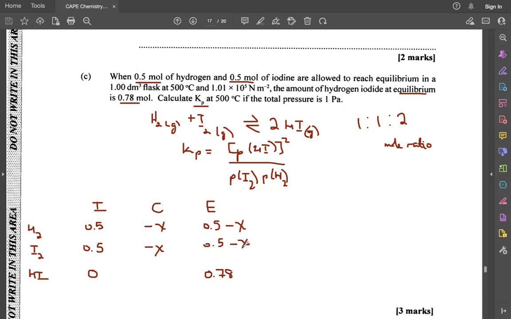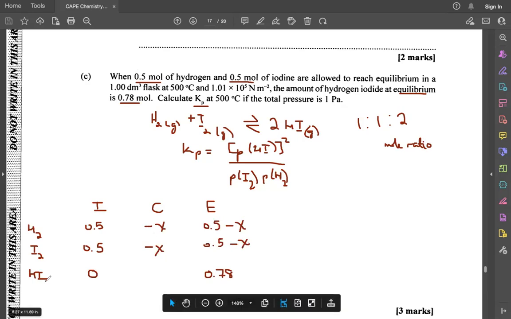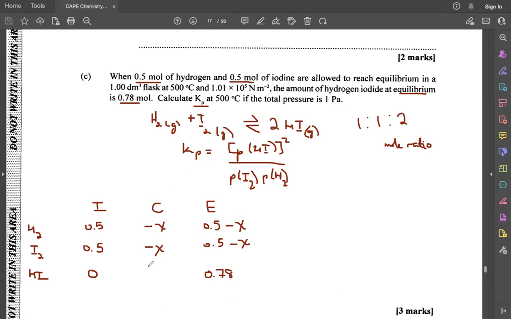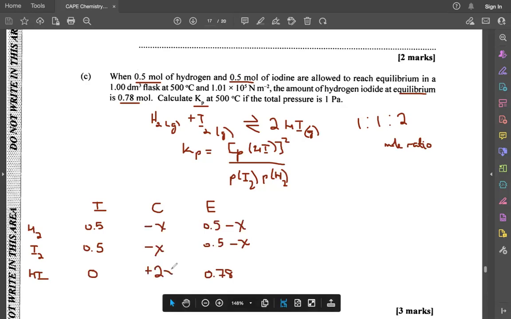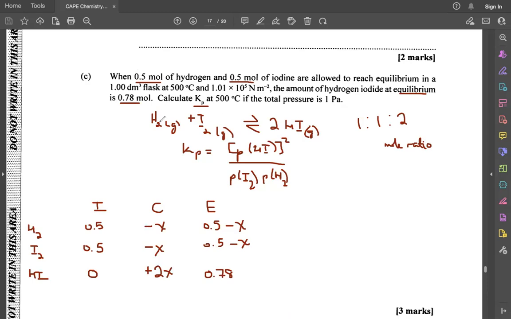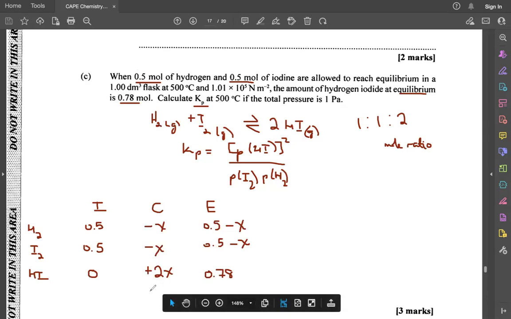For HI, we're going to form two times however much we used up, so it's plus 2X. If we use up 1 mole of H2, we form 2 moles of HI. If we use up X moles of H2, we form 2X moles of HI. That's where this 2X came from.